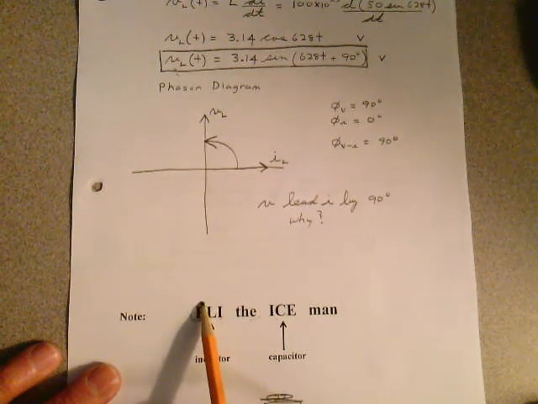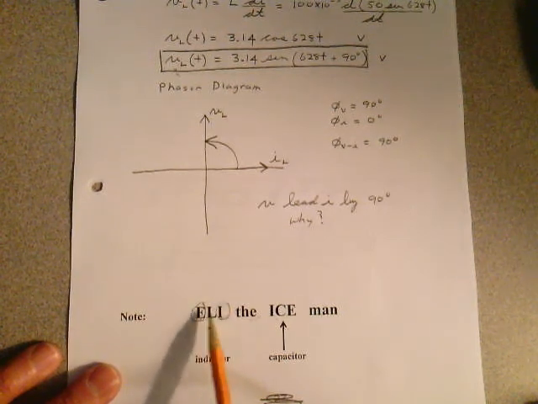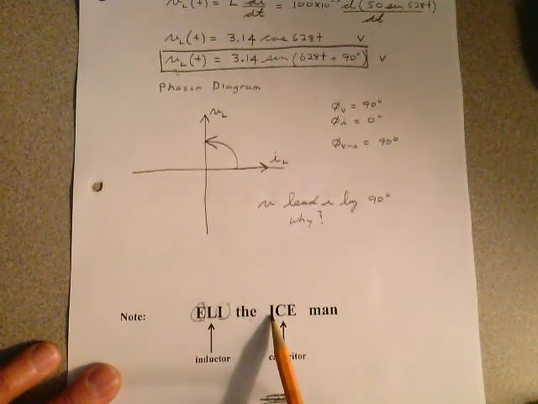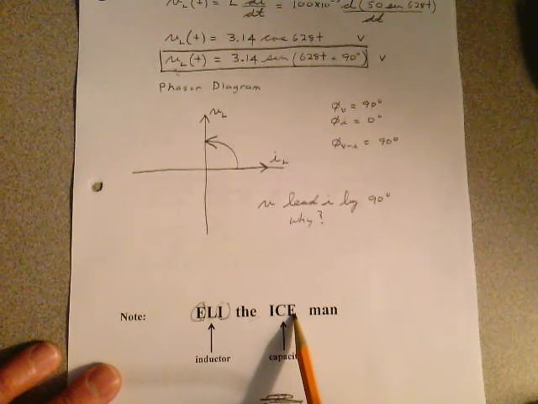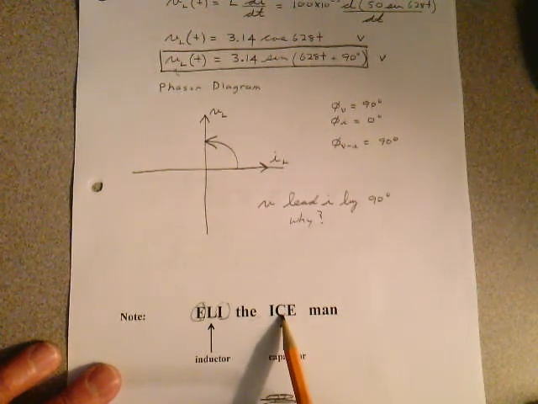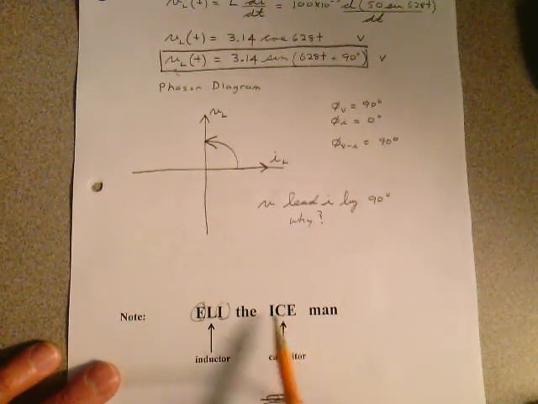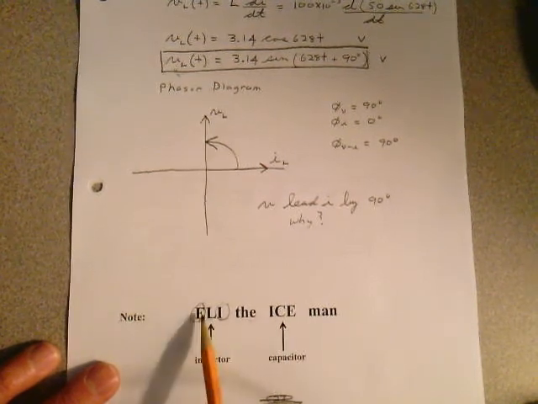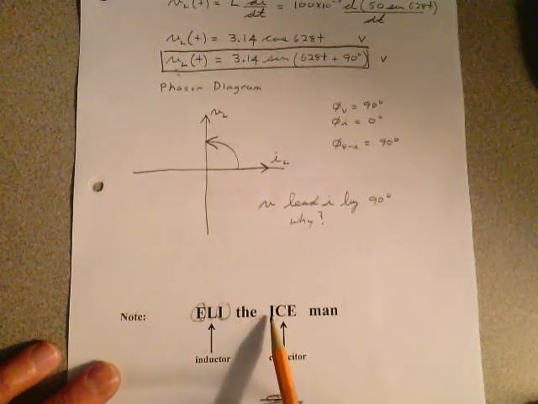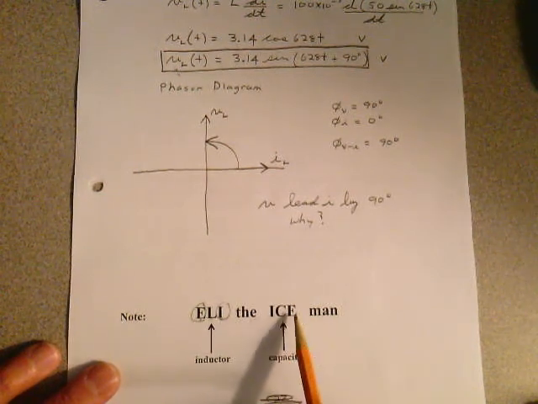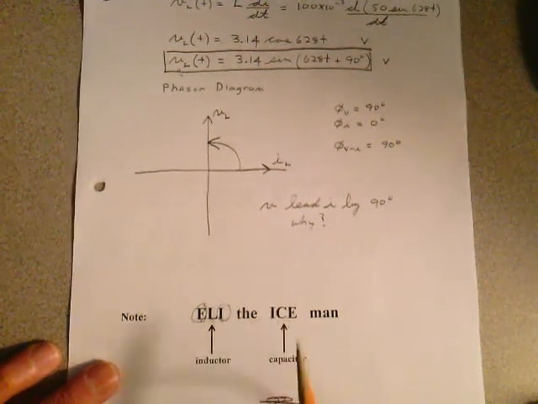The voltage leads the current, it's in front of it, in an inductive circuit. And you know why, think of that. And here, the current leads the voltage in a capacitive circuit. Eli the Iceman. The voltage leads the current in an inductive circuit, and the current leads the voltage in a capacitive circuit.